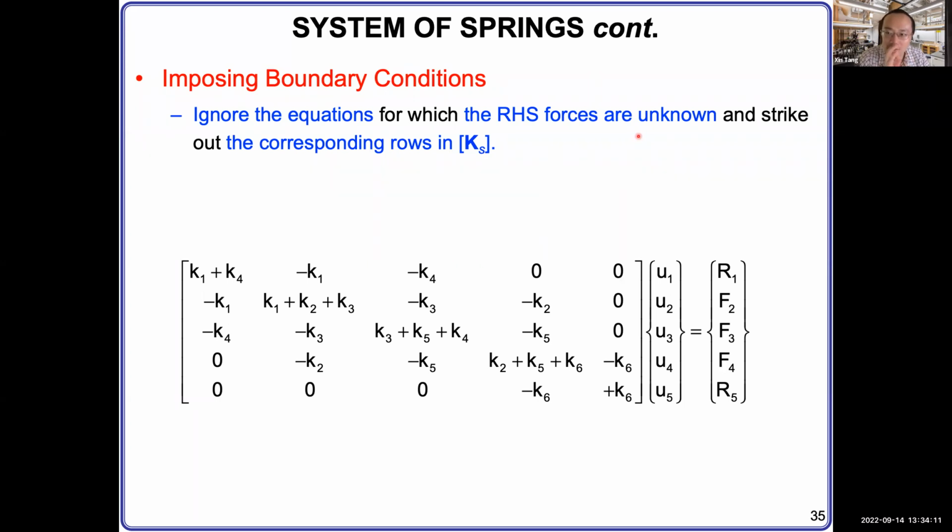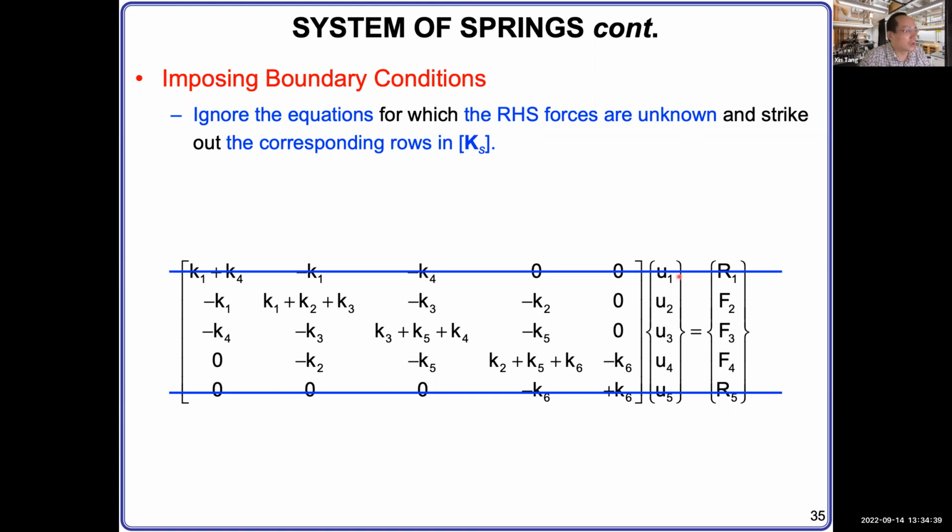So only one is known, and from that you can calculate the other. Usually, we have the unknowns on the left-hand side and the knowns on the right-hand side. So if they are unknown on the right-hand side, let's cross them out for now and get back to them in the next stage. Here the right-hand side forces are unknown, so we can strike out these two.